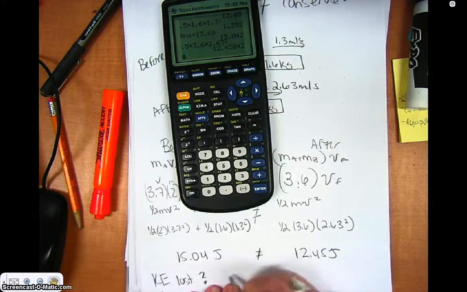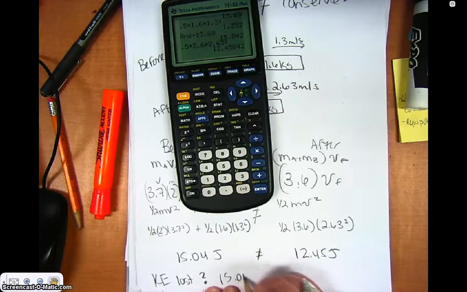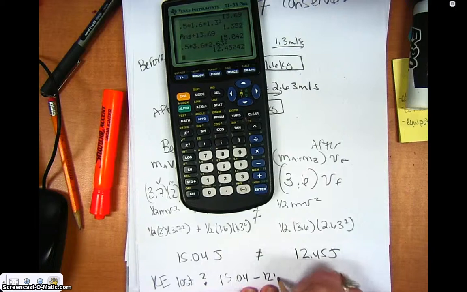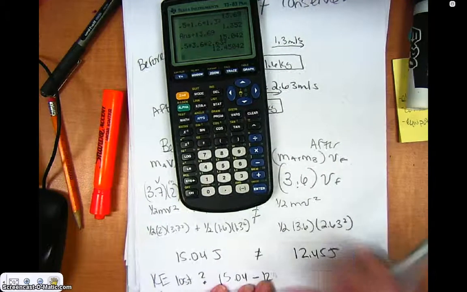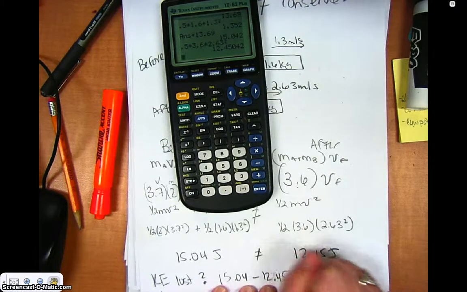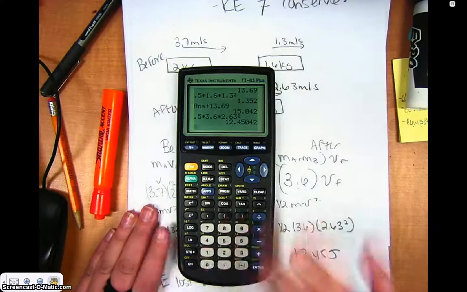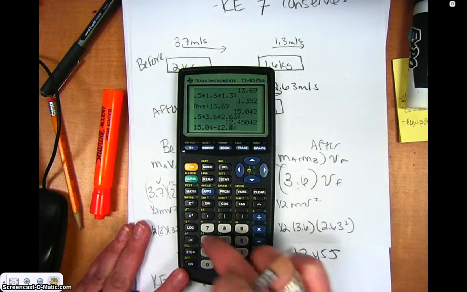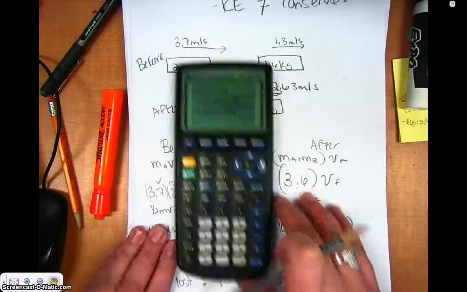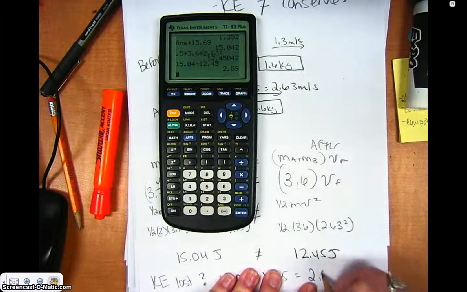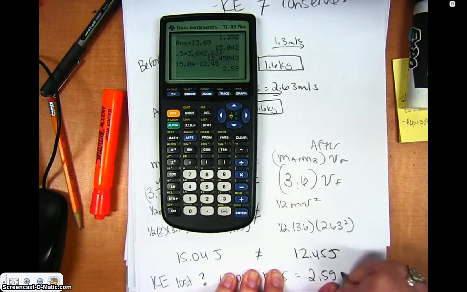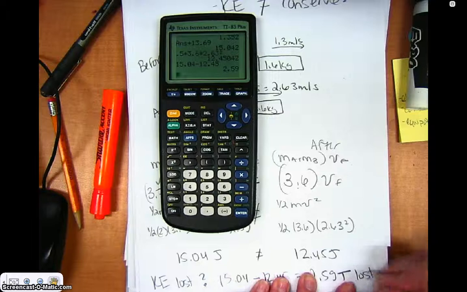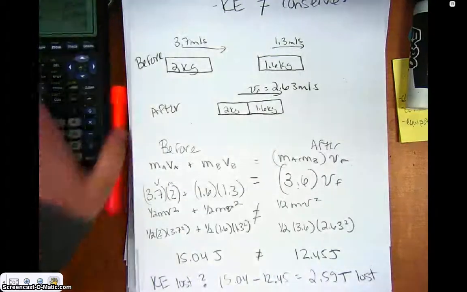Well, I would take 15.04 and subtract the 12.45 that the cars have at the end, and that would give me how much energy has left the system in the form of light or sound or heat or friction. So it would be 2.59 joules lost.